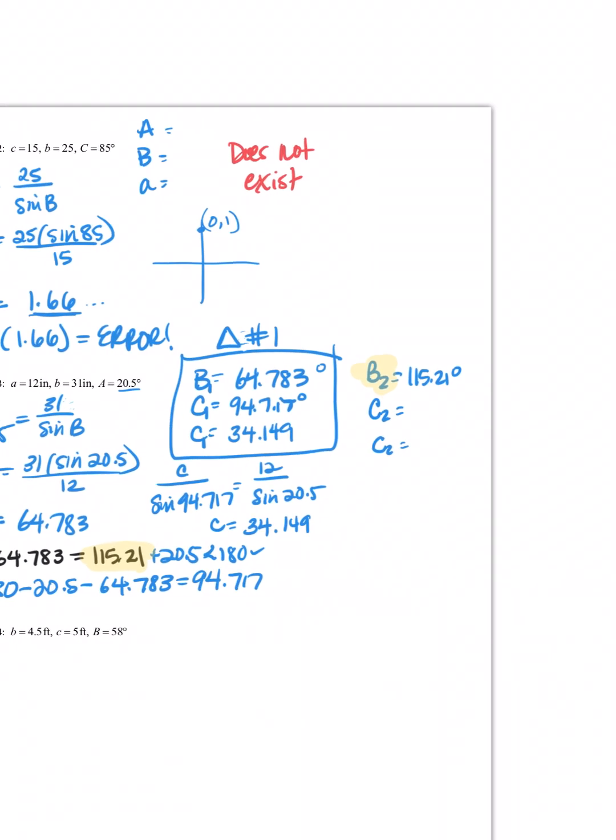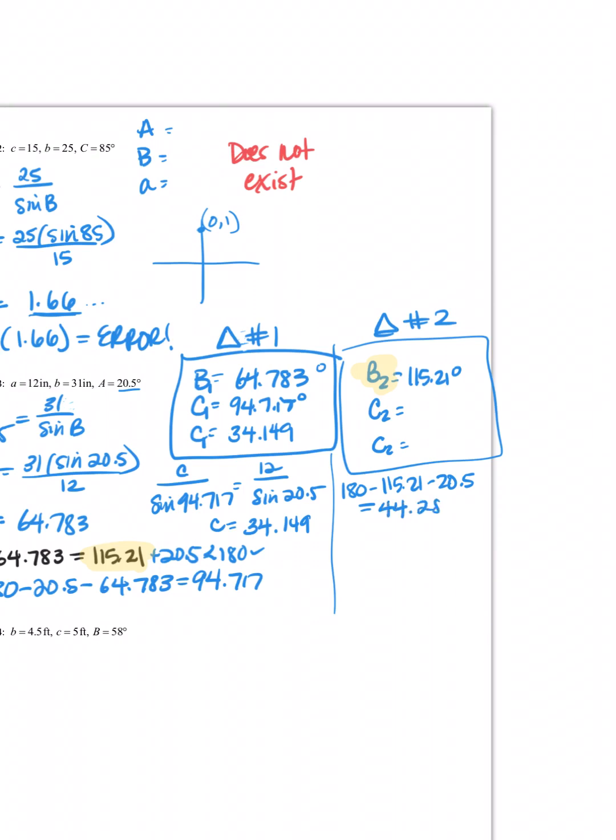And then here's triangle number 2. Okay, so we're going to find big C2. So I'm going to take 180 minus the 115.21 minus the given angle of 20.5, and that leaves me with an angle of 44.283. So that's big C2.